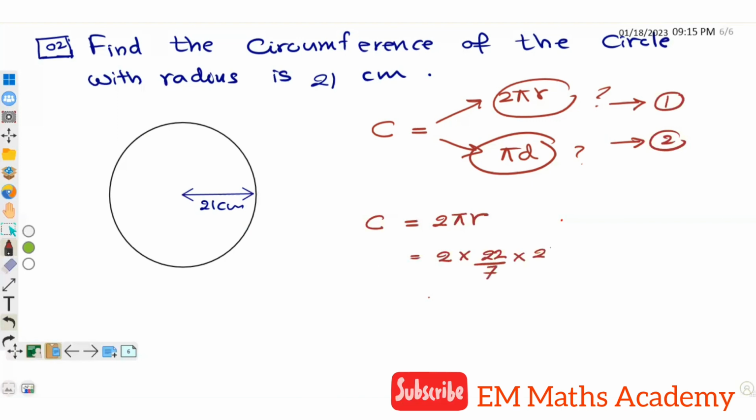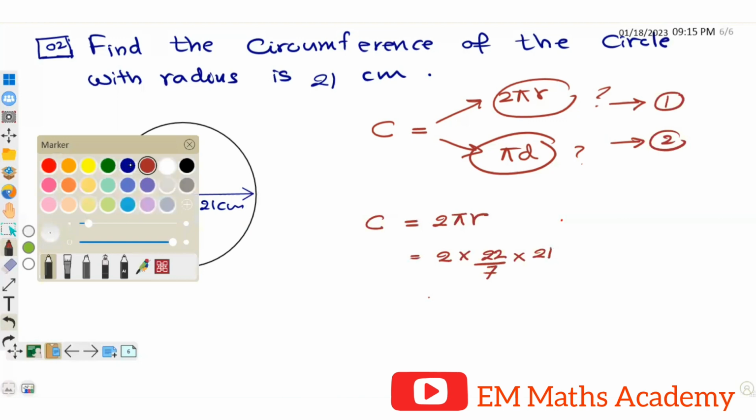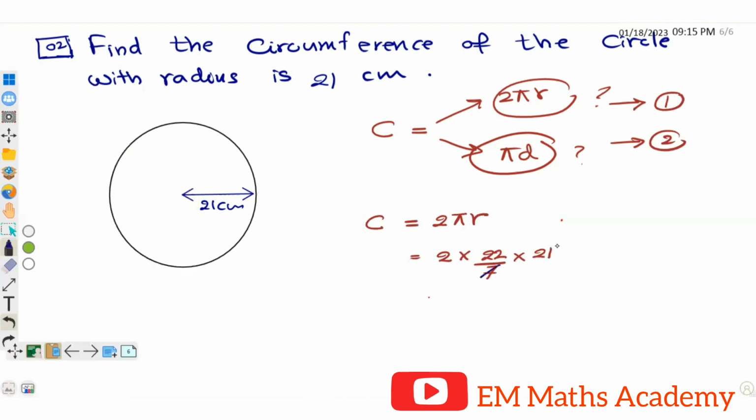Now 21 can be divided by 7. Then 21 divided by 7 is 3. Okay. Then 2 times 3 is 6. Then 22 is multiplied by 6. You can do the calculation in the same answer sheet. 6 times 2, 12. 1 remaining. 6 times 2, 12 plus 1 is 13. Therefore, the answer is 132 centimeters.